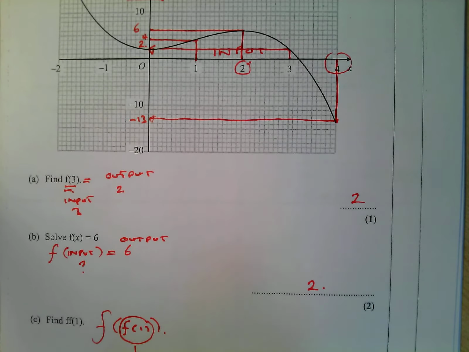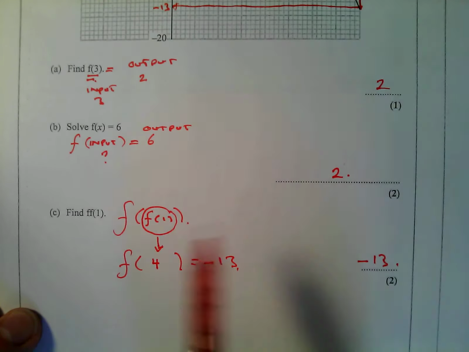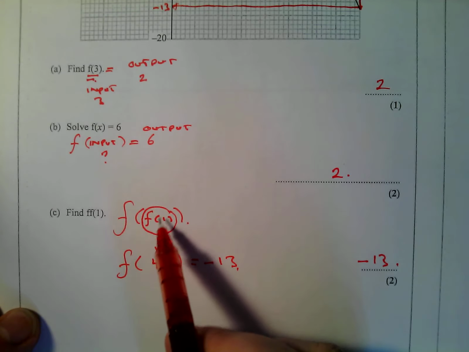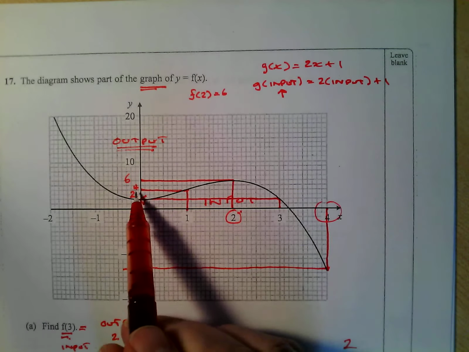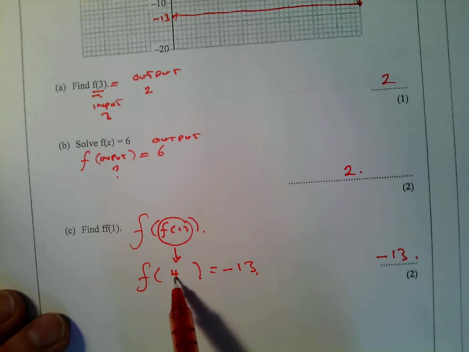So if I put 1 into my number machine, what do I get? Go along here, across here, and I make that 1, 2, 3, 4. I make that 4, so I get a 4 here. Then I need to put 4 back in.